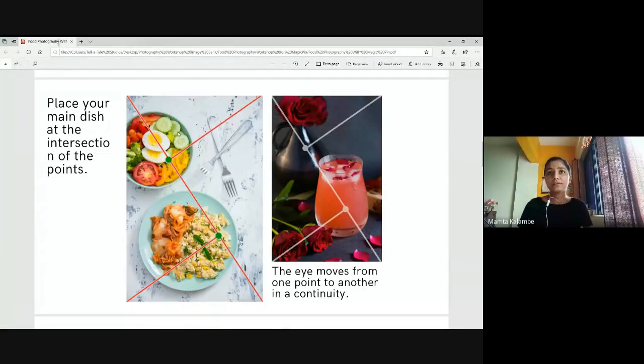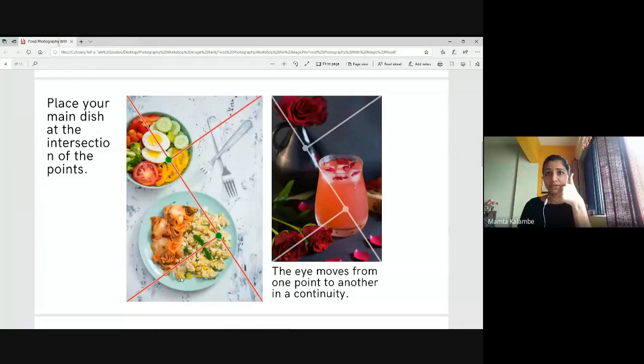Now for this one particular image, this dish is my main dish, right? And this is something that goes along with this dish. That's why we have placed the main dish in a larger plate and this in a smaller plate. So whenever we are styling, we have to remember first: what is my main subject?